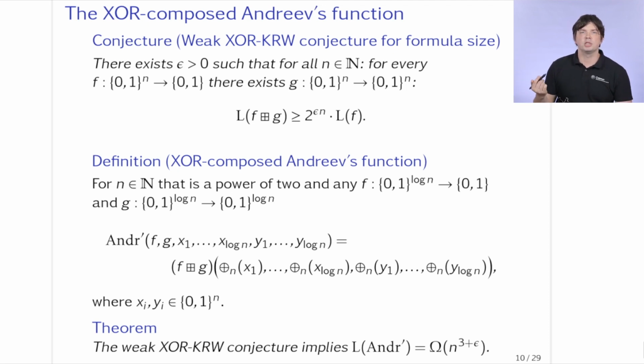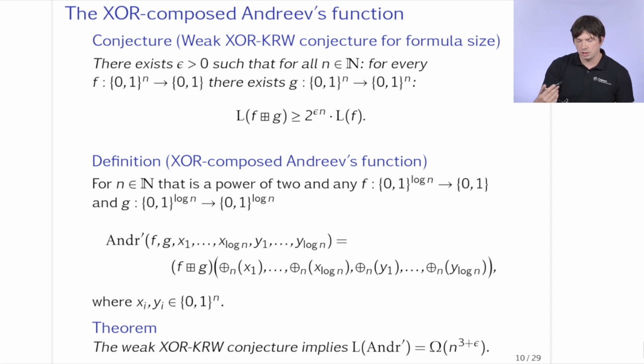So how about we just try to prove n to the 4 or n to the 3.001 lower bound on De Morgan formulas. So let's take baby steps, right? Let's scale down our ambitions a little bit and prove something very concrete. And so if we can prove the XOR-KRW not for depth but for size, right?